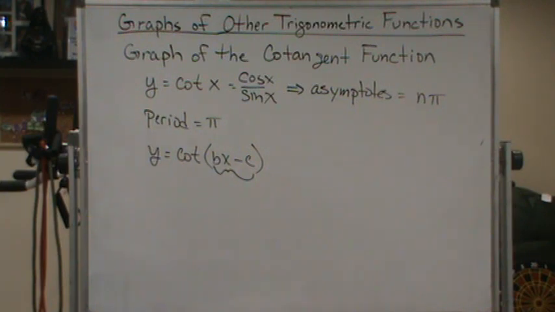Because we're going to have asymptotes that are going to happen at 0, pi, 2 pi, negative 2 pi, and so on.